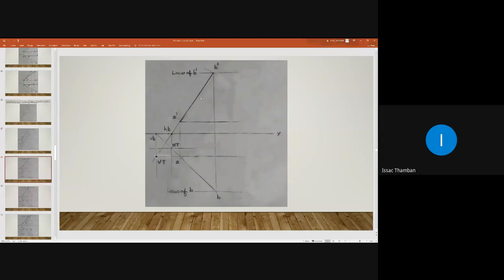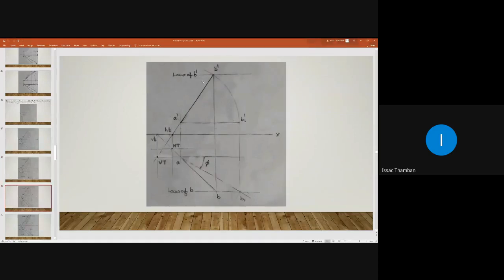If line AB is parallel to VP, then in the plan it will reveal its true length and true inclination with respect to VP. So let us make this line A dash B dash parallel to VP. That is done in the next slide. I am moving to the next slide.